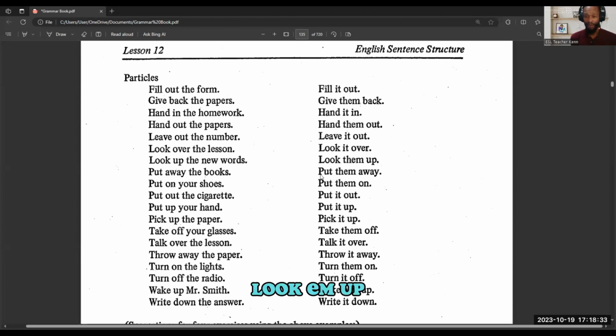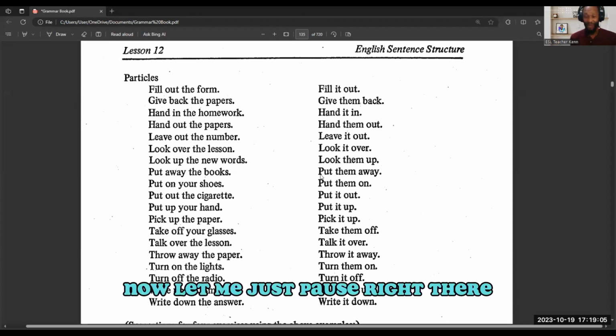Look them up. Look them up. Put away the books. Again, put away the books. Put them away. Again, put them away.